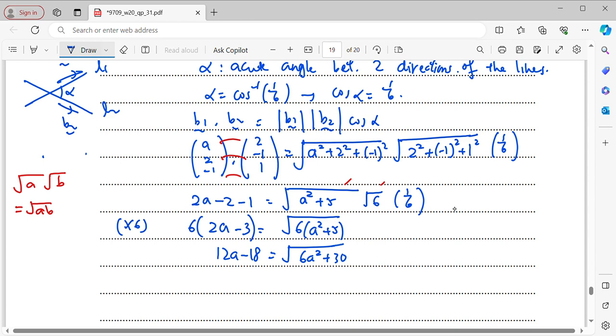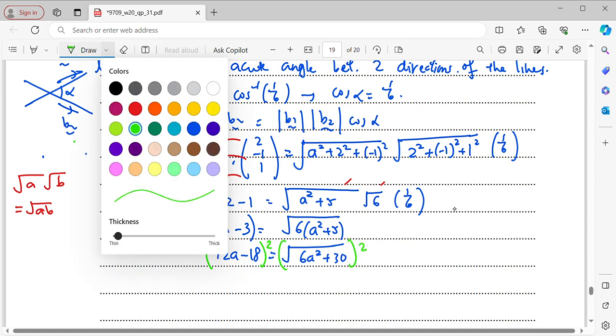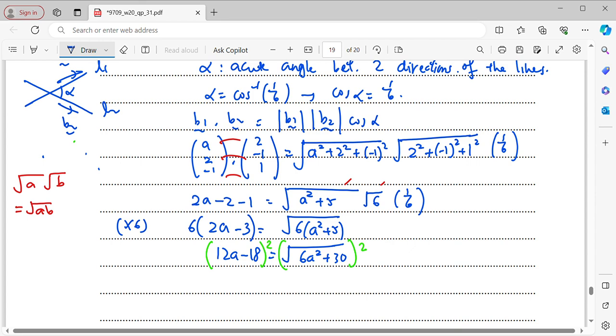Now to get the a, square both sides. When I square both sides, the first one we do expansion, it will be 144a squared plus 144a plus 36. Right hand side, just rewrite 6a squared plus 30 because the square and square root cancel off.